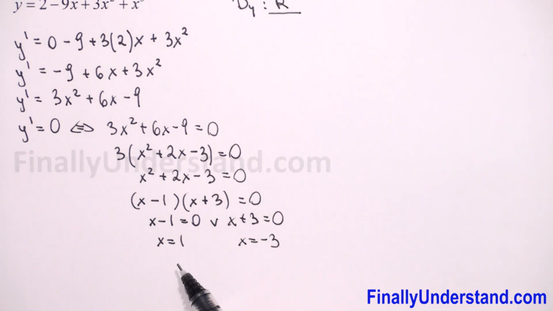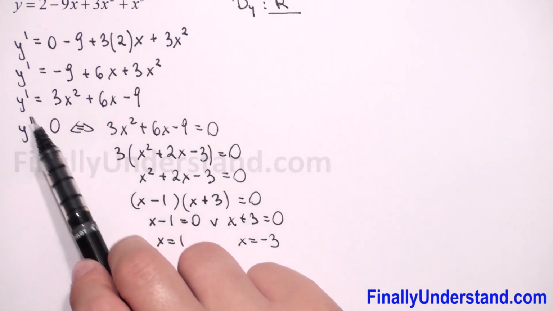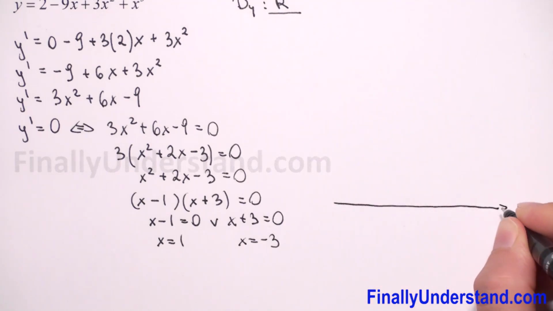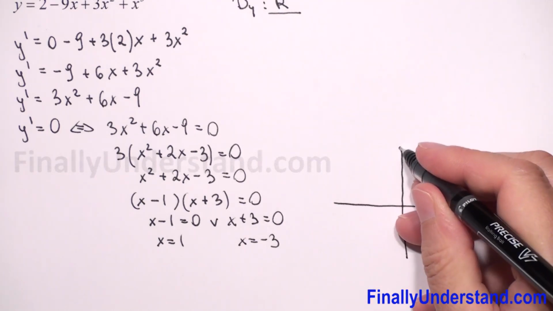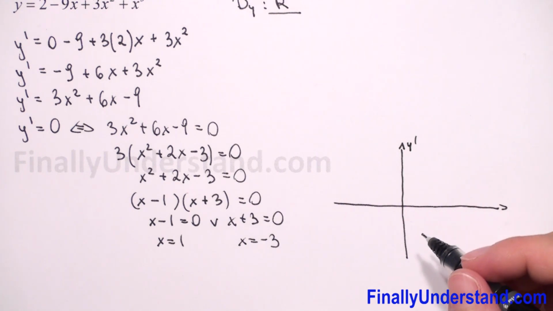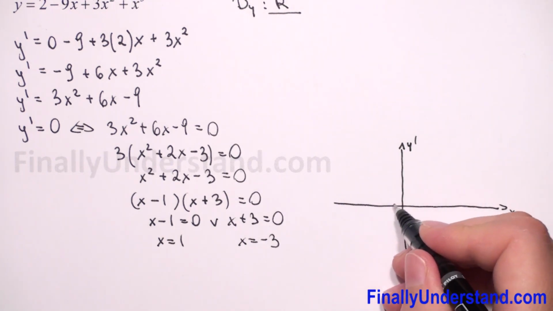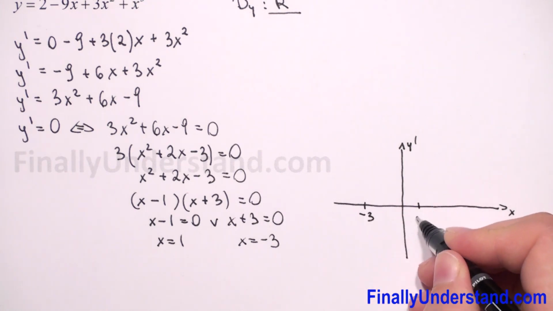To find if we have a maximum or minimum for these values, we have to draw the graph of our first derivative. So we need the x-axis. This is our y prime. We have roots negative 3 and 1.